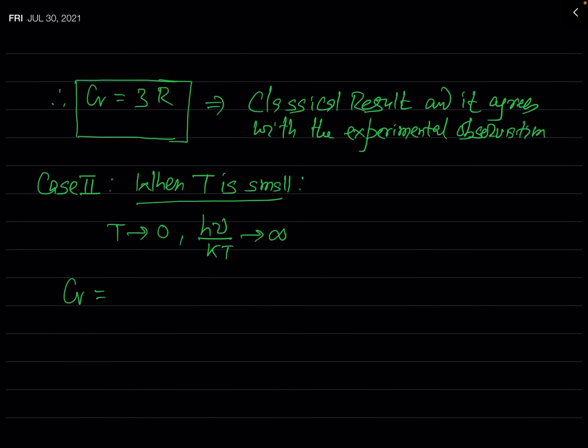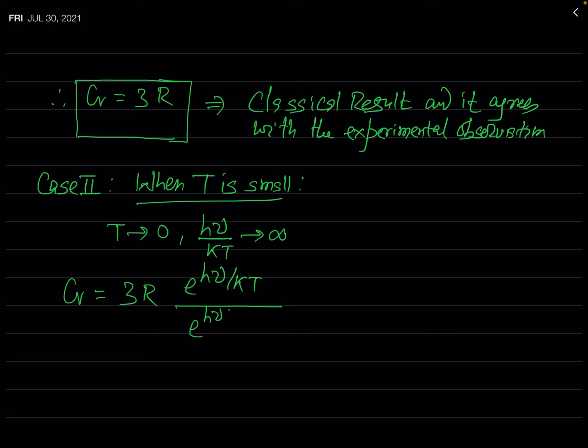So you can write it here. So in this condition, the expression for Cv, as I have explained, will be 3R e to the power hν/kT, and in the denominator, as I have told you, we will neglect 1 in comparison to e to the power hν/kT.